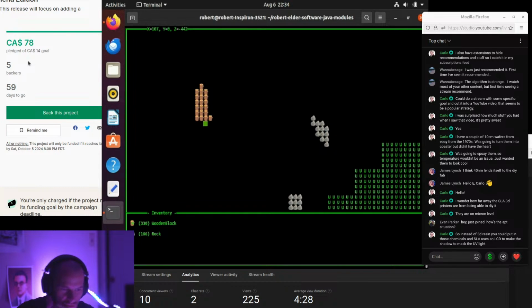So instead of 3D resin, you could put in those chemicals and use SLA. And SLA uses LCD to make the shadow of the mask, shadow of the UV light. SLA, what does that stand for again?